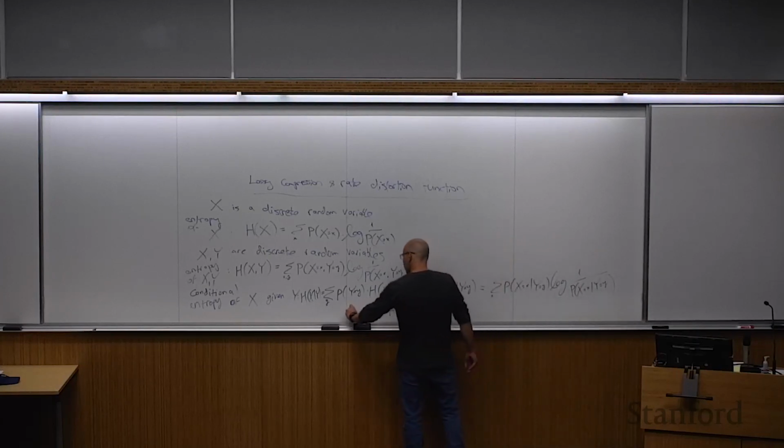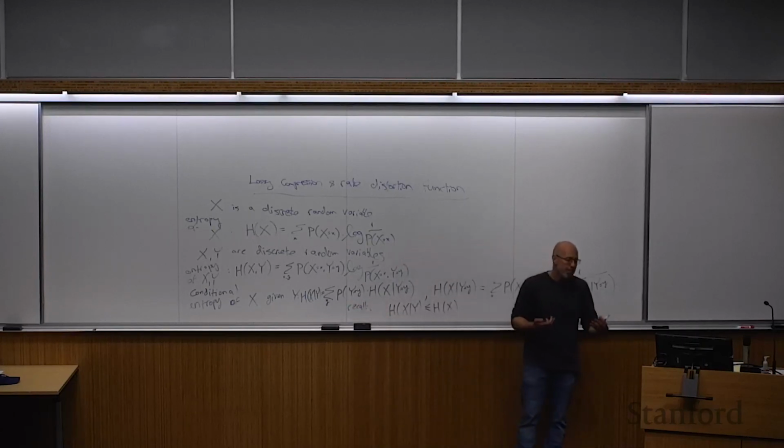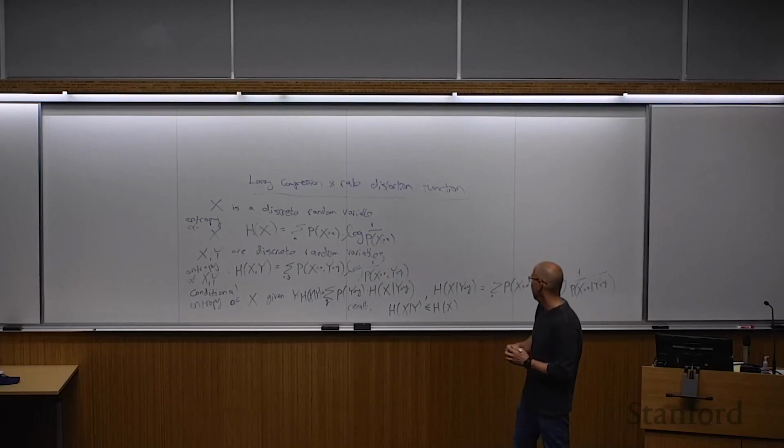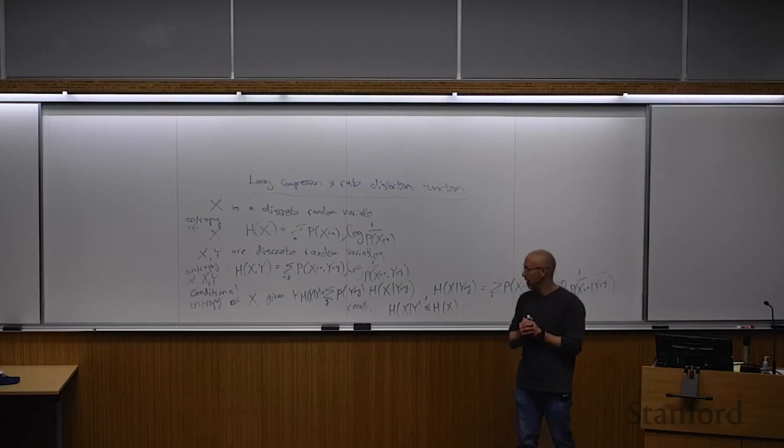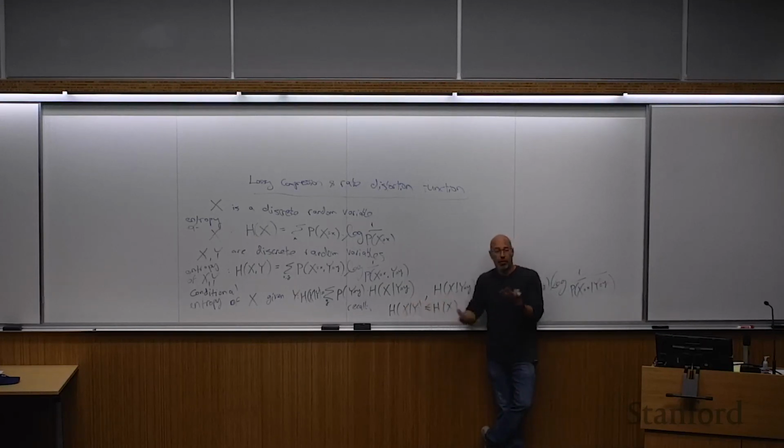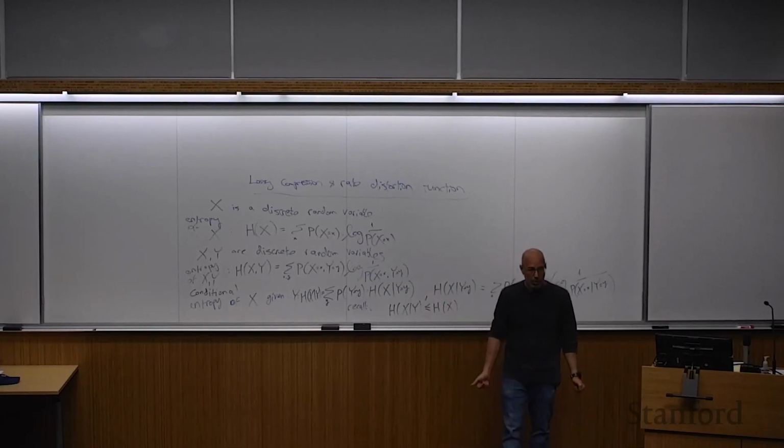So recall, and that's also pretty intuitive. If we think of entropy as the notion of uncertainty, then on average, your uncertainty on x, given that you know something like y, information can only help to reduce the uncertainty.